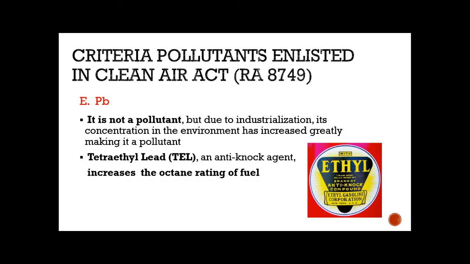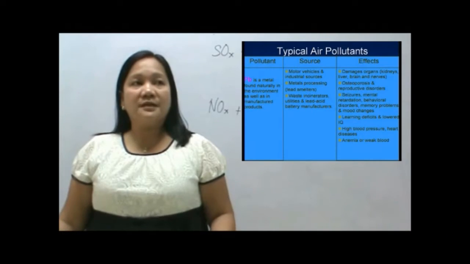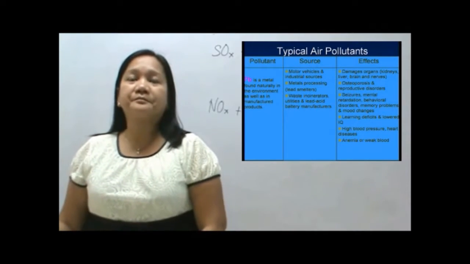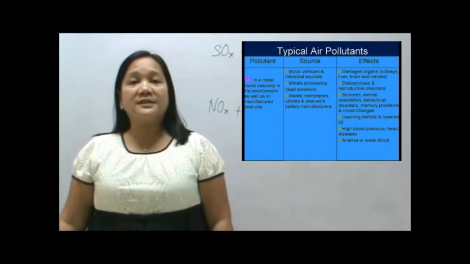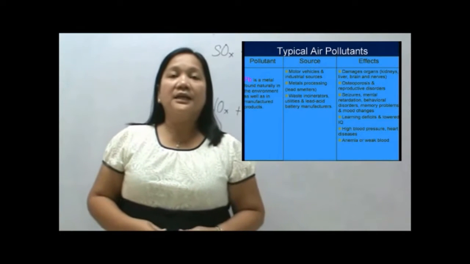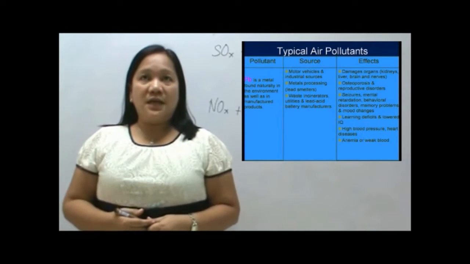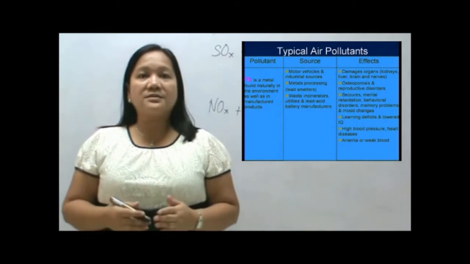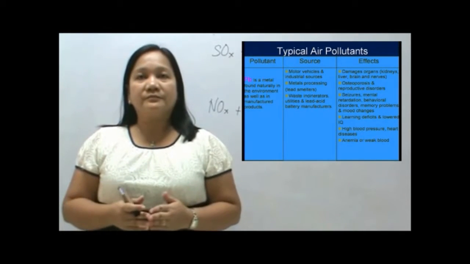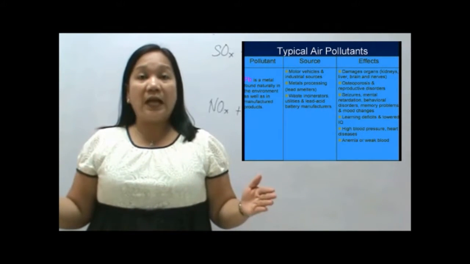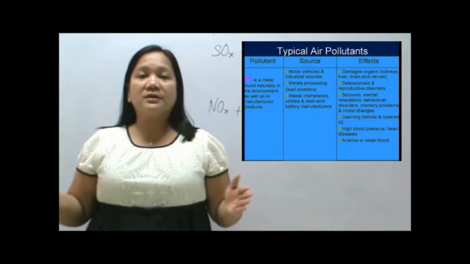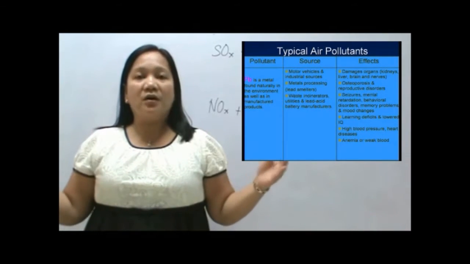Now basically, the reason why they add anti-knock agent is to improve the octane rating of fuel that is refined. Because if you would recall your chemical process industry or CPI, you would learn there that crude oil is actually hundreds of carbon atoms with hydrogen, so it's a hydrocarbon with a very, very long chain.